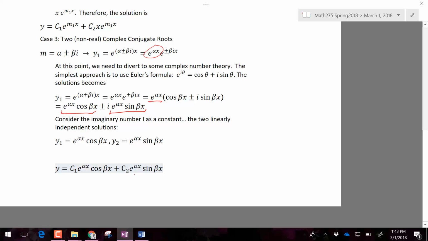That comes from your solution to your complex conjugate roots, where our solution m was equal to plus or minus 3i. That's because the real part is equal to 0, and e to the 0 is just 1. So had our solution been 1 plus or minus 2i, then you're going to have an e to the x cosine 2x and e to the x sine 2x.